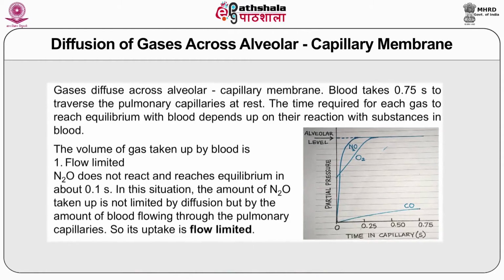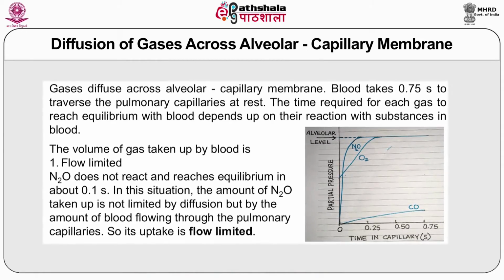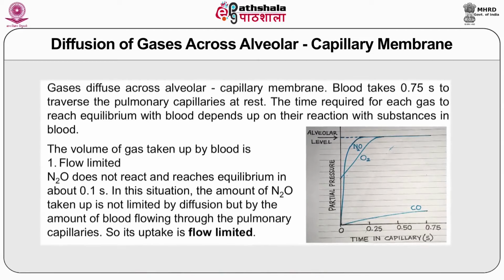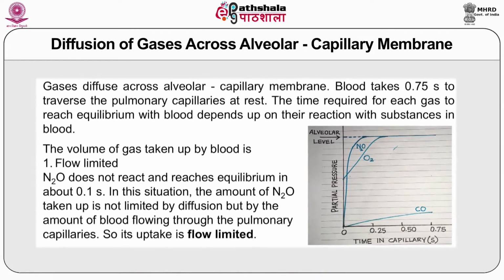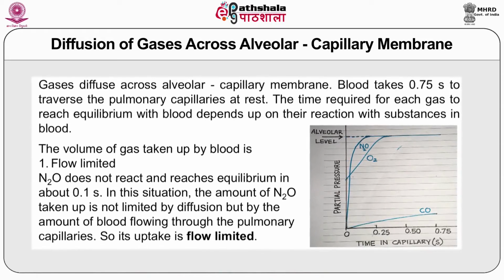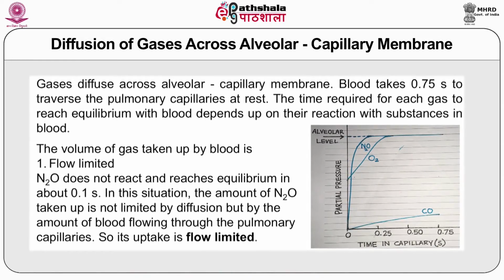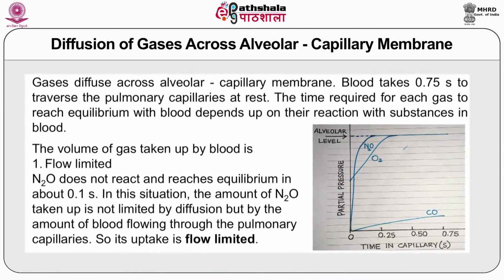Blood takes only 0.75 seconds to travel through the pulmonary capillaries at rest. The time required for each gas to reach equilibrium with blood depends upon the reaction with substances in blood. The volume of gas taken up by blood is flow limited in the case of nitric oxide.